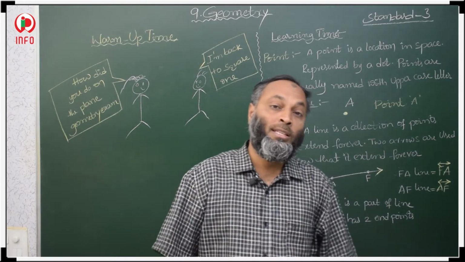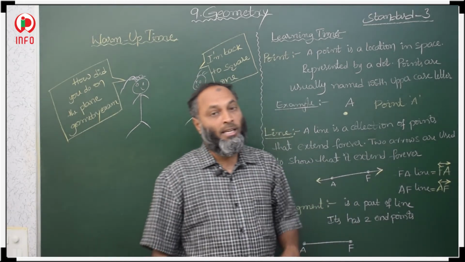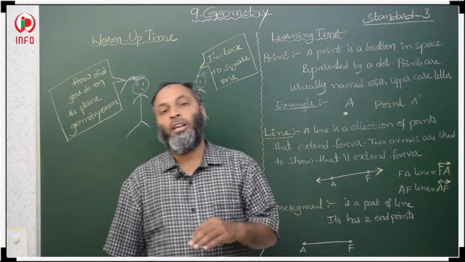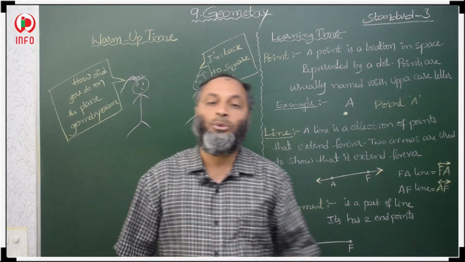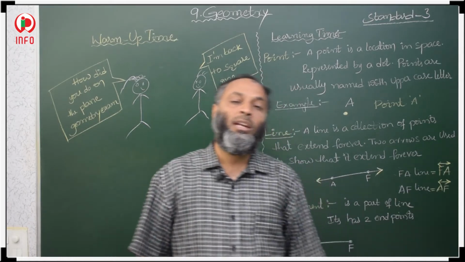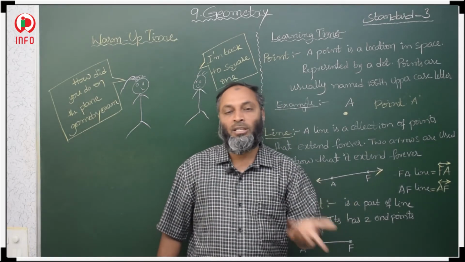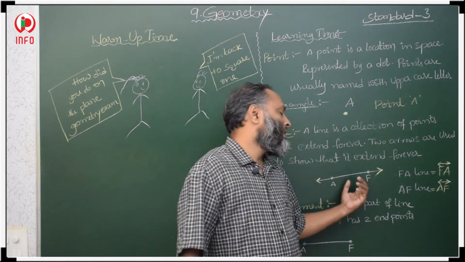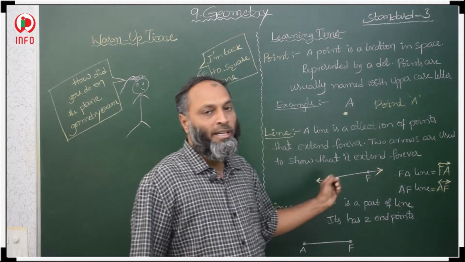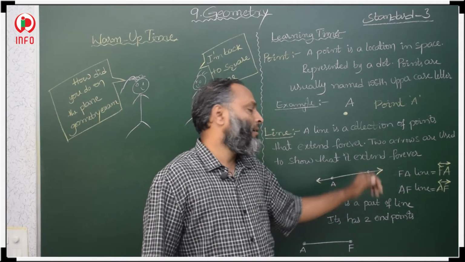This is about the line. A line is a straight path joining infinite points. It extends in both directions, so we cannot measure the length of a line. In a line we have two arrows, on the left side as well as the right side.